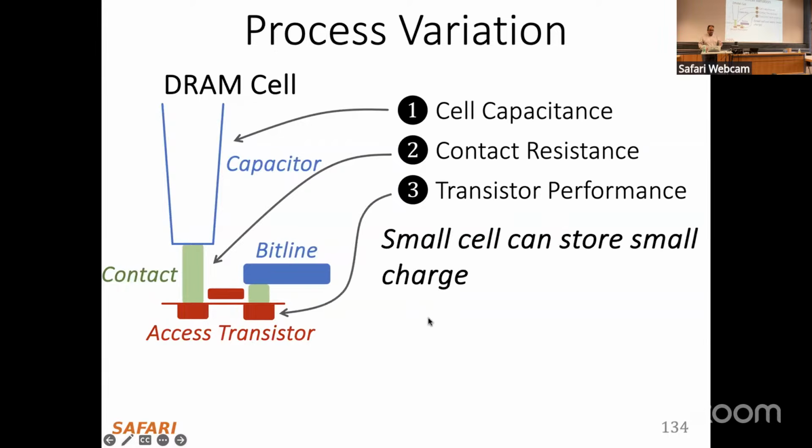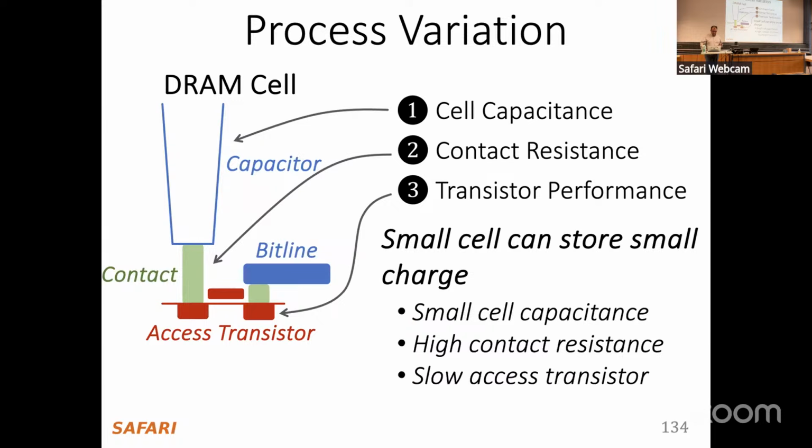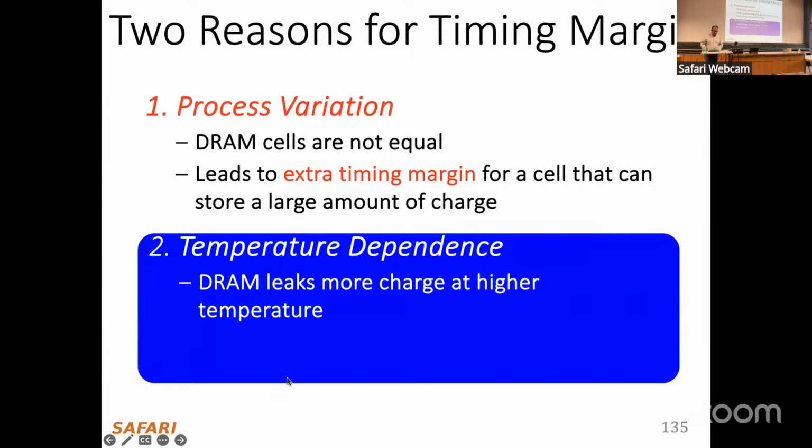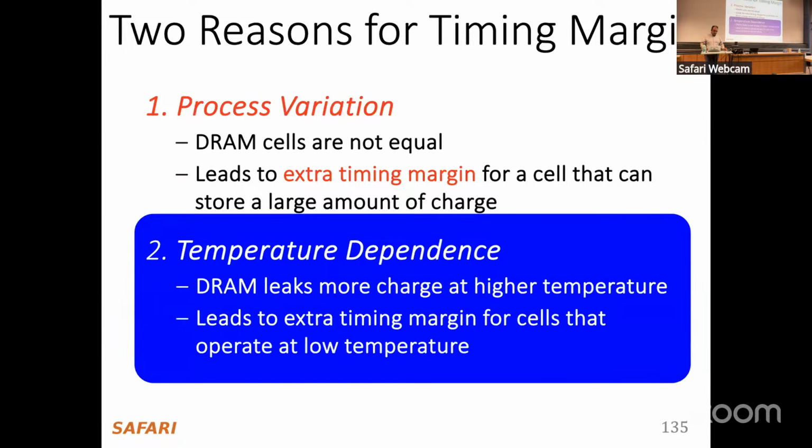All these contribute to different latency. I think I already discussed that. And with temperature dependence, we know from yesterday's lecture that at higher temperature, DRAM leaks more charge. That's one thing. Also, temperature leads to extra timing margin for cells that operate at low temperature.